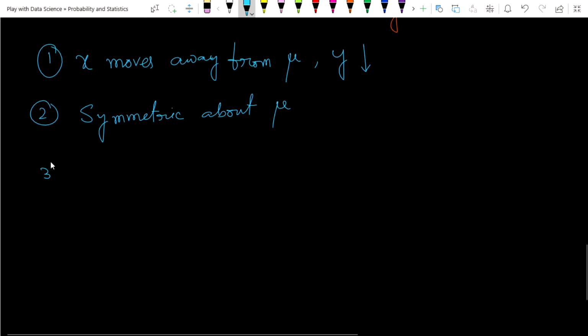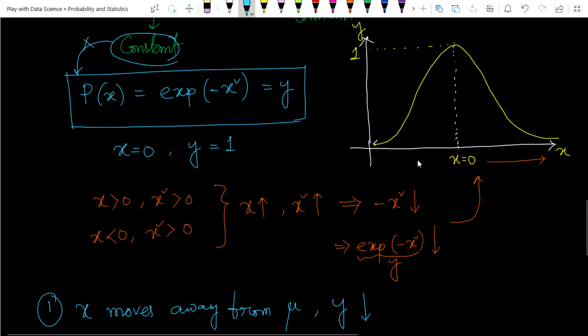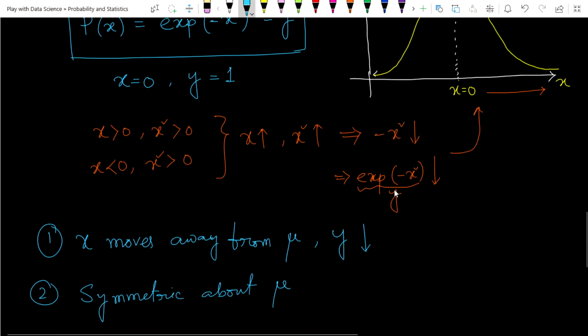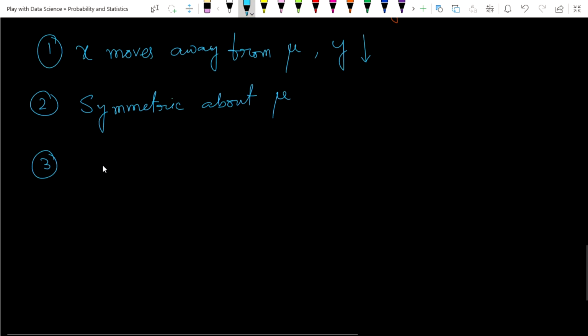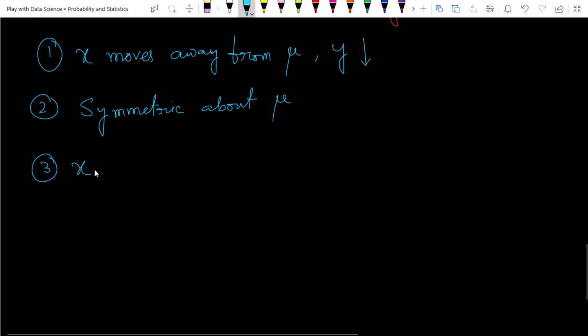Now the third thing that we have observed is that as x moves away from mu, y is reduced as exponential of the quadratic term, minus x square.